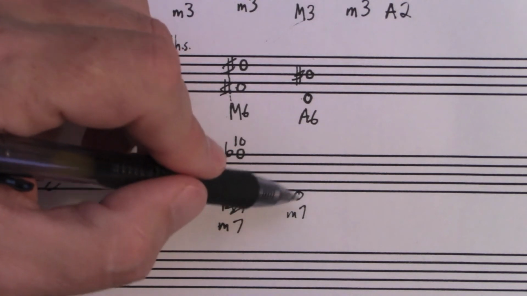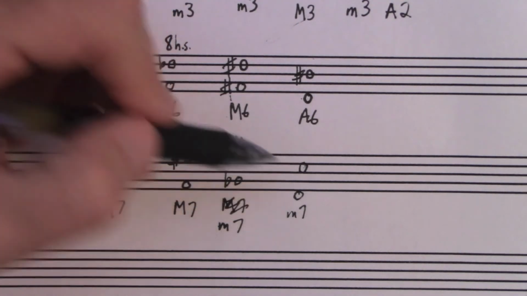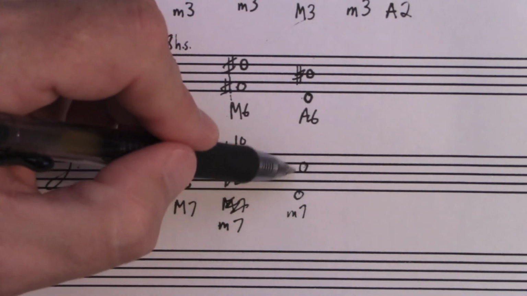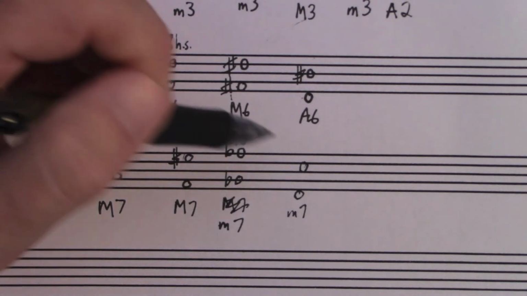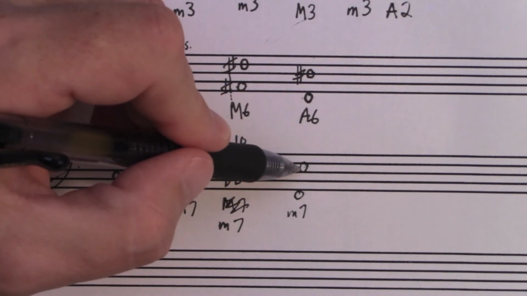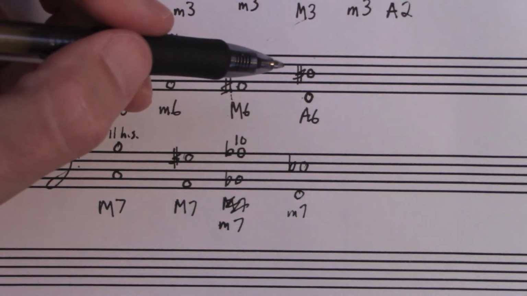F, G, A, B, C, D, E. And a minor 7th is 10 half steps. Or, if you want, it's 2 down from an octave. F is an octave. E natural is our major 7th, so E flat would be our minor 7th.